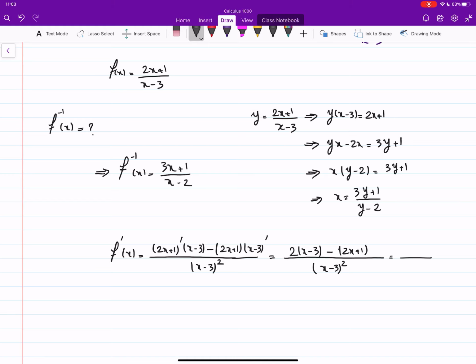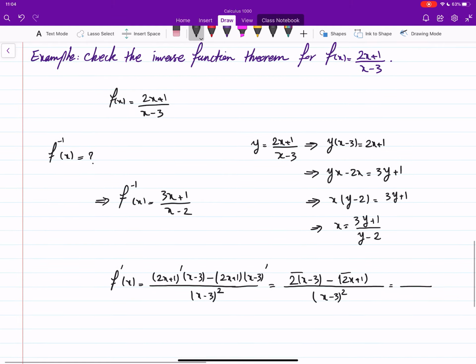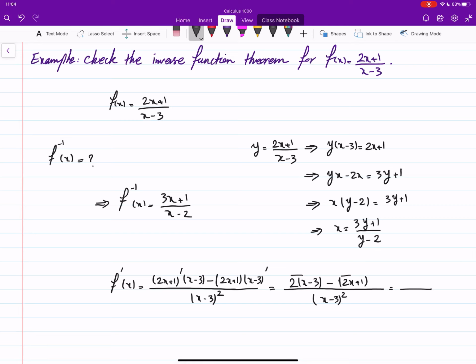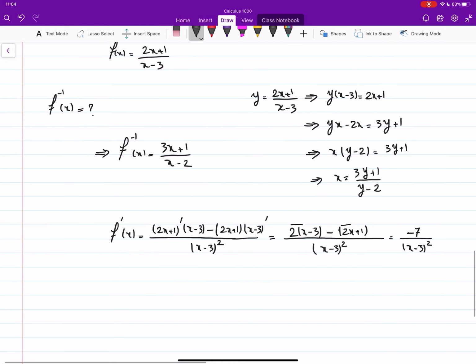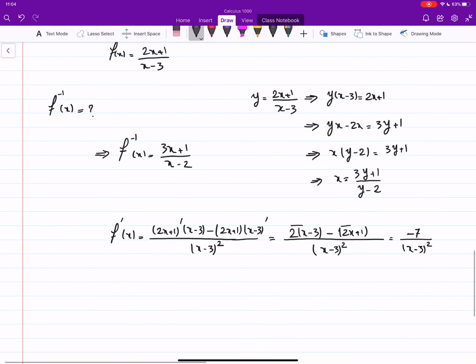The 2x and negative 2x cancel each other, and we get minus 6, minus 1, so minus 7 over x minus 3 squared. That is f prime of x.